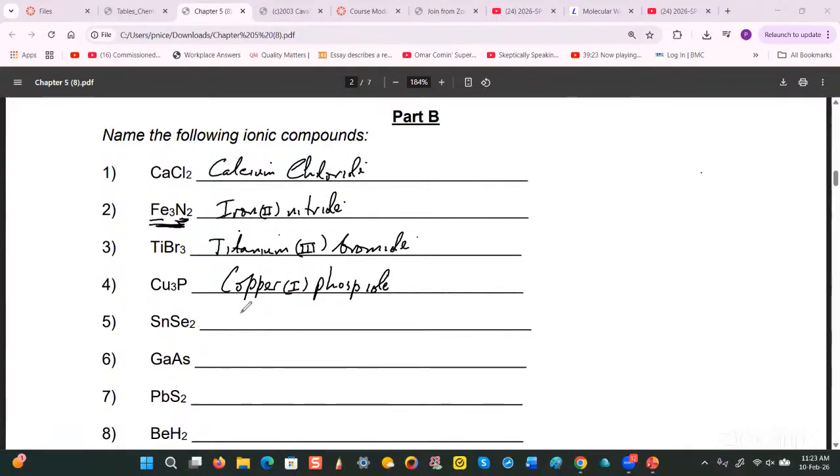What do you think the name of that compound is? Tin(IV) selenide, exactly. Okay, very good. What about number 6? Gallium arsenide. Sure about that?